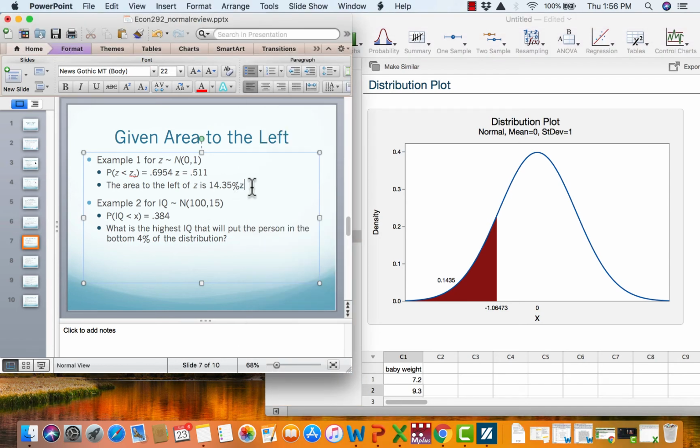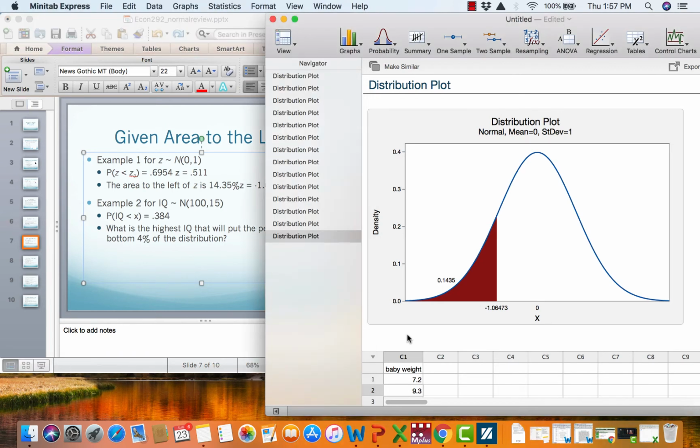And so our answer is actually negative 1.064, okay? All right, because think about it. If we round it up to negative 1.065, notice we're no longer in the red region, right? We're no longer here. We're in the white region, all right, which is what we don't want.